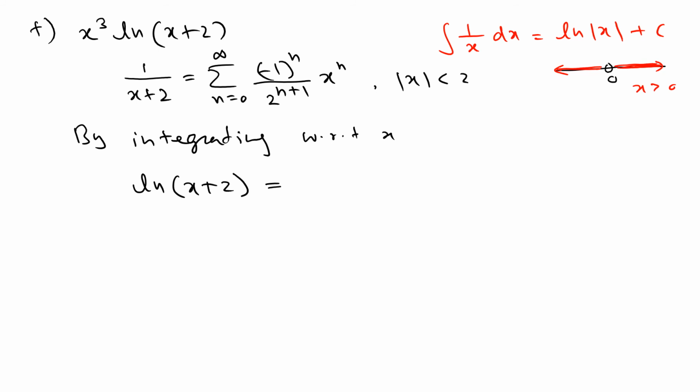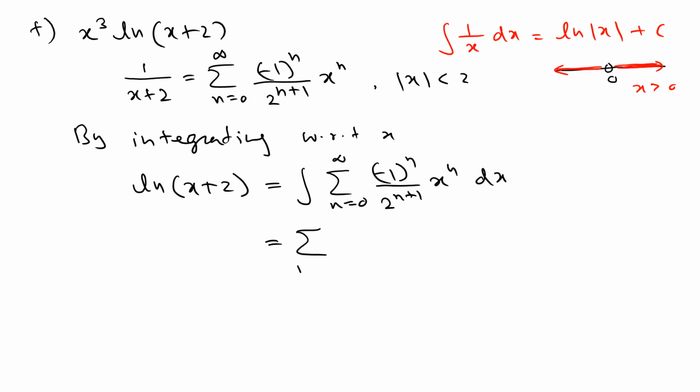So on the other side, let's integrate the series: the sum from n = 0 to infinity of (-1)^n x^n over 2^(n+1) dx. We switch the sigma and the integral.